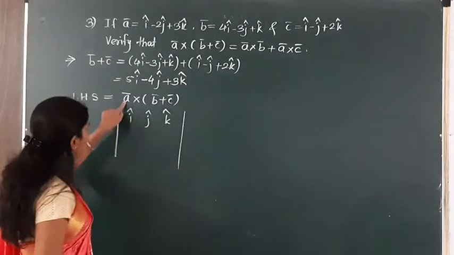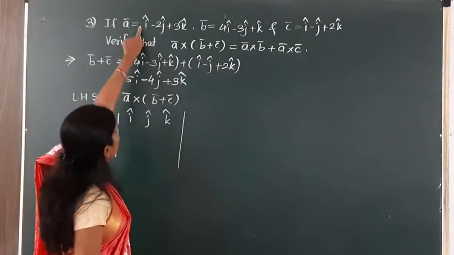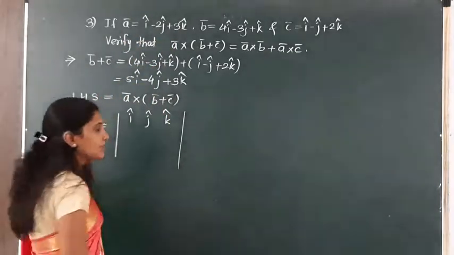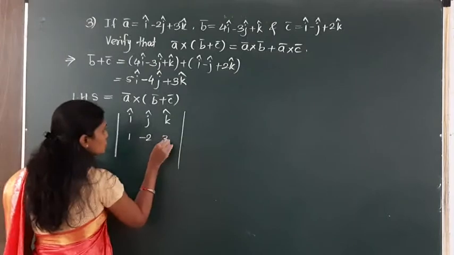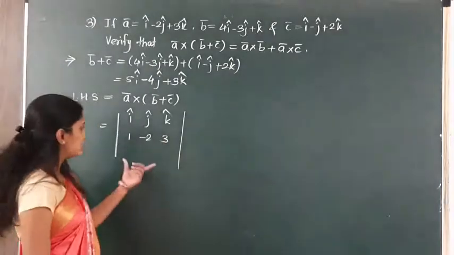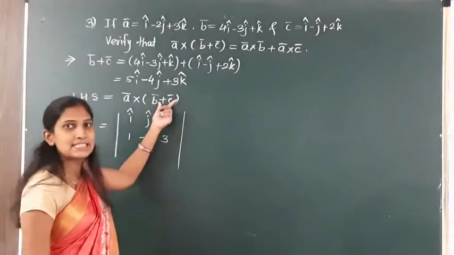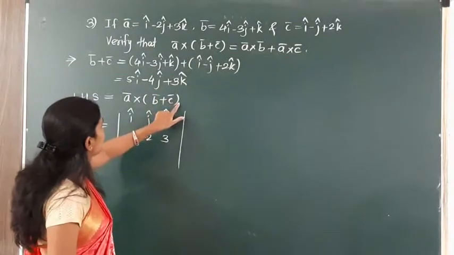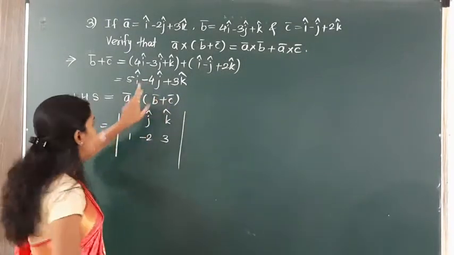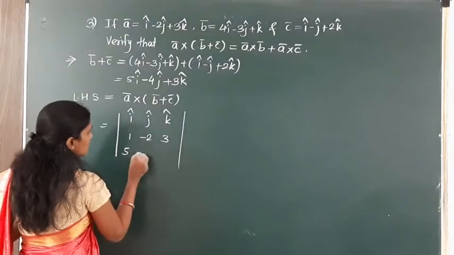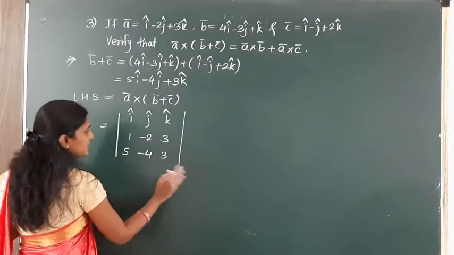The second row is of a bar. What is a bar? That is 1, minus 2 and 3. What is the third row? That is b bar plus c bar, which we found is 5, minus 4 and 3.